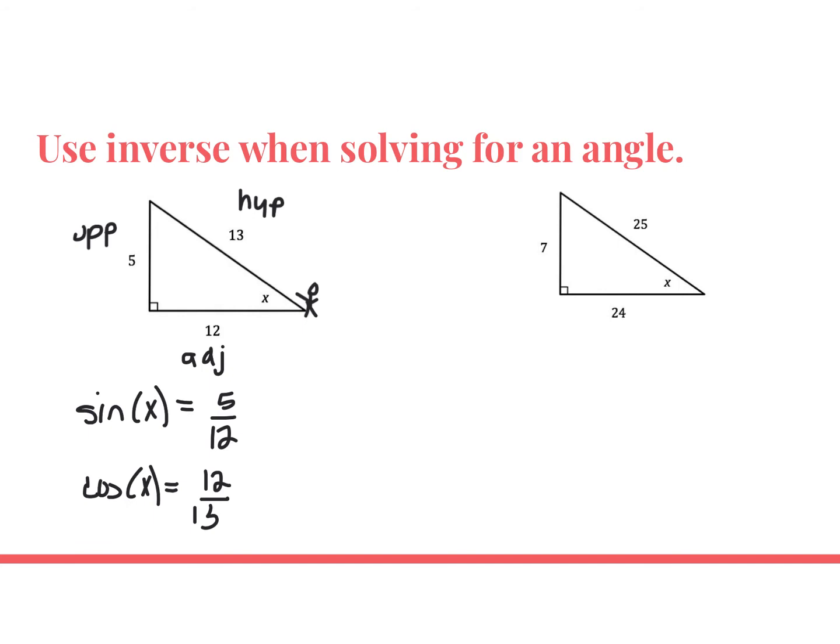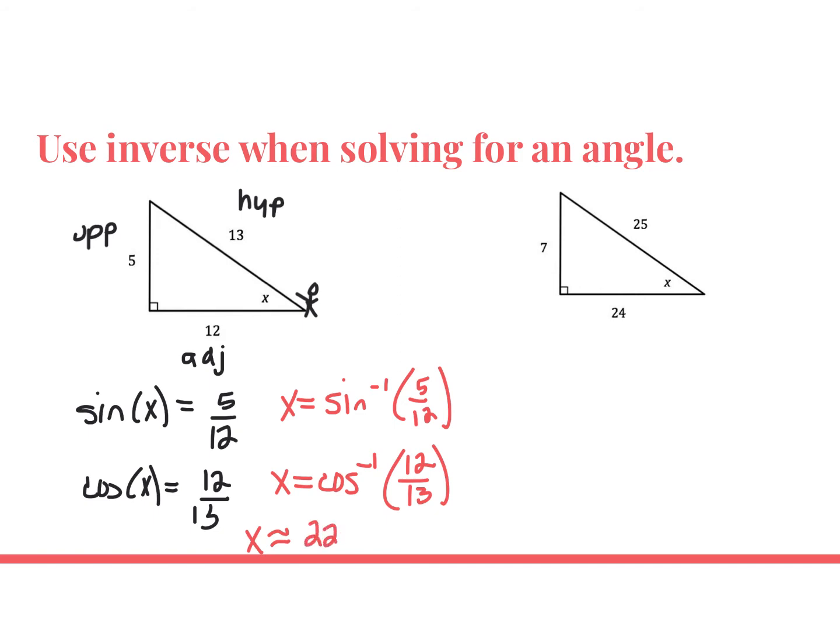Now, as we showed on the first slide, the way we solve for X is we take the inverse of the ratio, and that will free up X so that we can solve for the angle. If we chose cosine, again, we're going to take the inverse of our ratio, type that in our graphing calculator or Desmos. Both of them, again, since we're looking for that same angle, will give us 22.62 degrees.